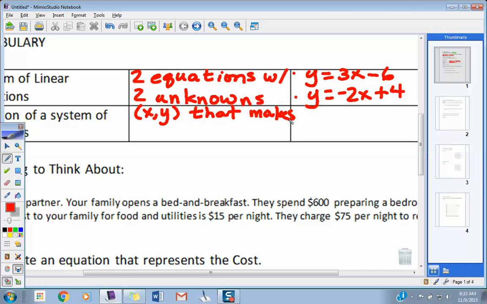It's going to be a point that makes both equations true at the same time.